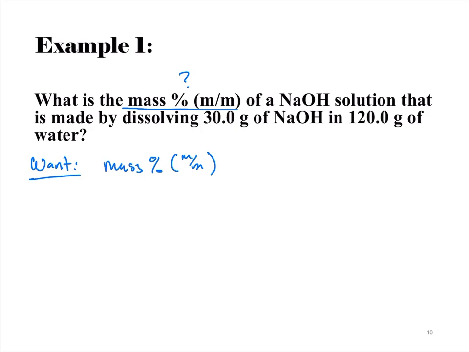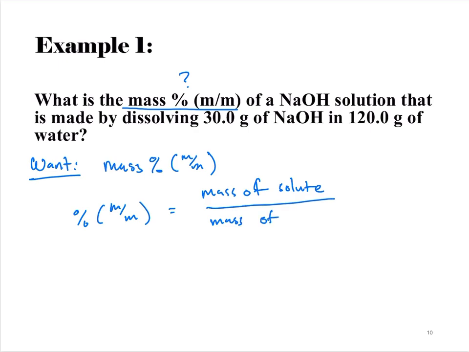which means that the formula that we're going to use is that this is going to be equal to the mass of solute divided by the mass of solution times 100. All right, so that's how we're going to get this value here. And so what is the mass of solute in this case?